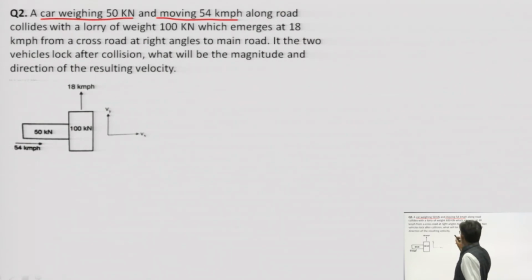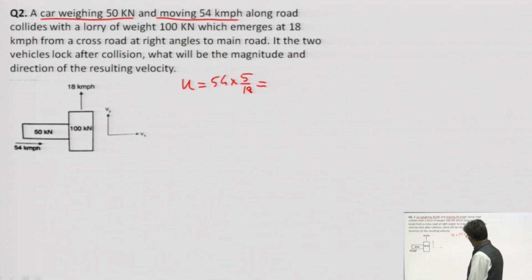So, what is the velocity? Say u is equal to 54 multiplied by 5 by 18, that is equals to how much? Let me calculate. It is 54 multiplied by 5 divided by 18. So, it is 15 meter per second.